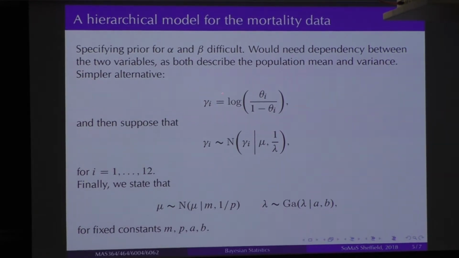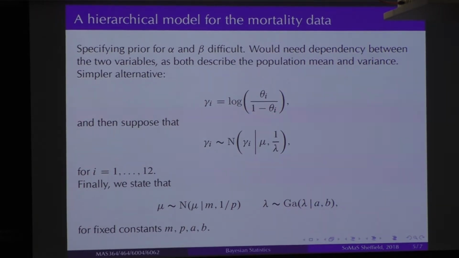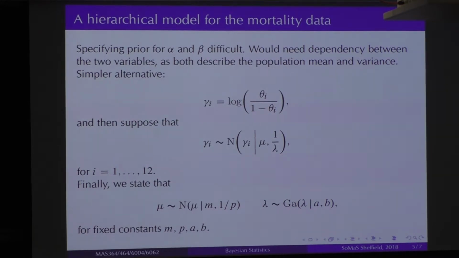Again, this is an increasing function of the thetas, right? Large theta implies large gamma, small theta implies small gamma, right? What that means for our problem is that the rankings in gammas will be the same as the rankings in thetas. And that's what I am after. I'm after trying to rank the thetas, okay?